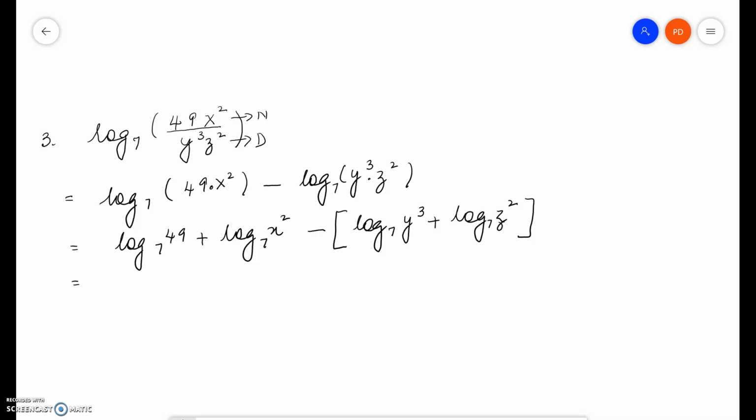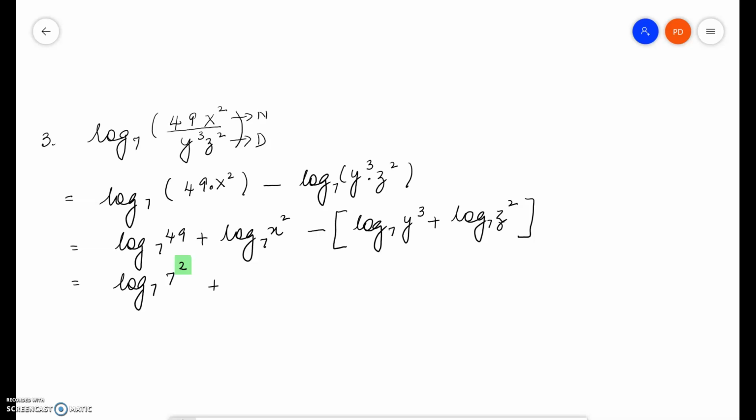Now we go to 49. Can 49 be written as the base 7 to the something? In this case, yes. We can write 49 as 7 squared, and that exponent is the log of 49 to the base 7.